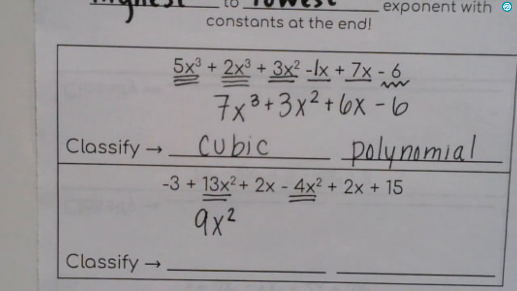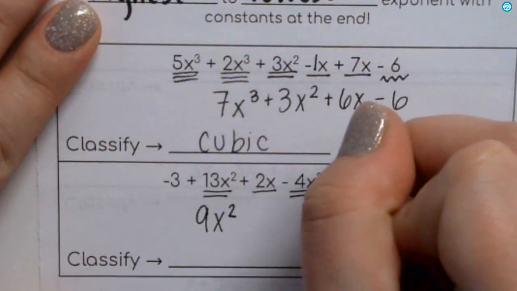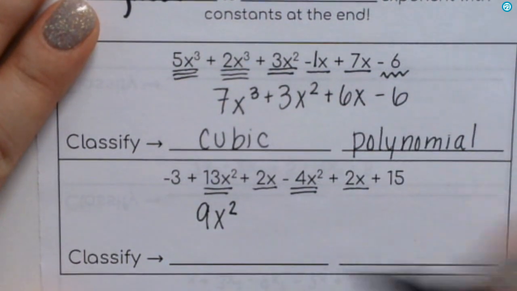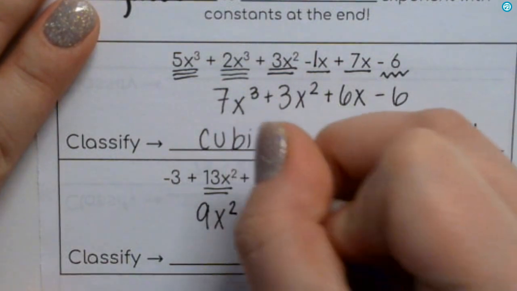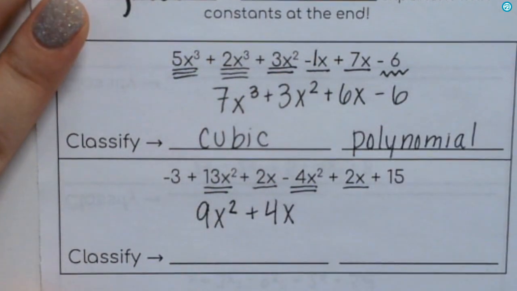Okay, then this 2x and this 2x can combine together. So 2x plus 2x will be 4x. I've got plus 4x.